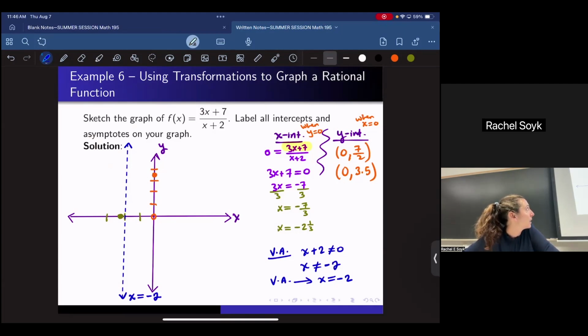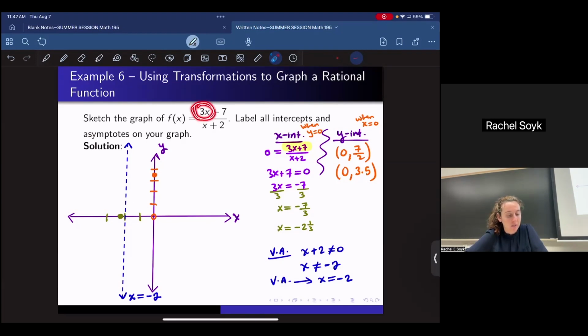Right? And now let's look at our end behaviors. So as x is approaching negative infinity, what's happening? If we plug in a really, really large number, I don't know, -1,000, what do we end up getting?